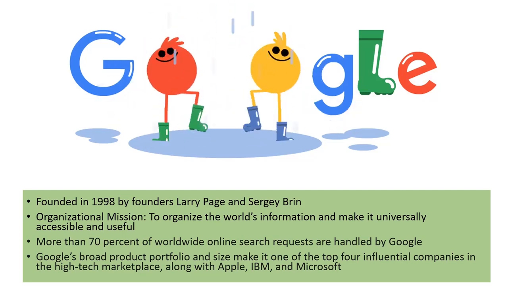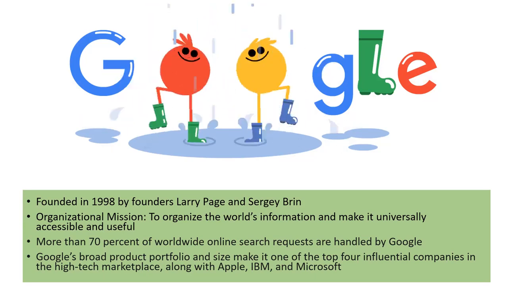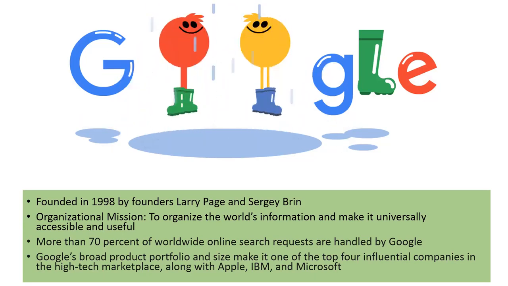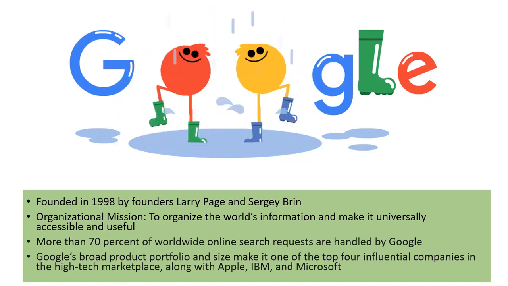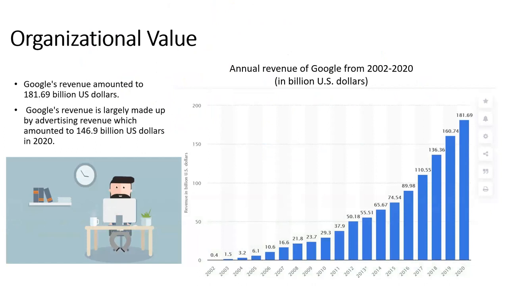I also included a small statistic. More than 70% of worldwide online search requests are handled by Google. So that has to tell you that Google is doing something right, right? In addition, I feel that Google is an organization that uses participative management, right?